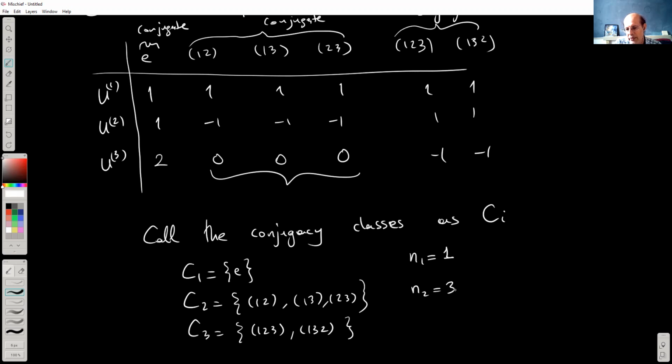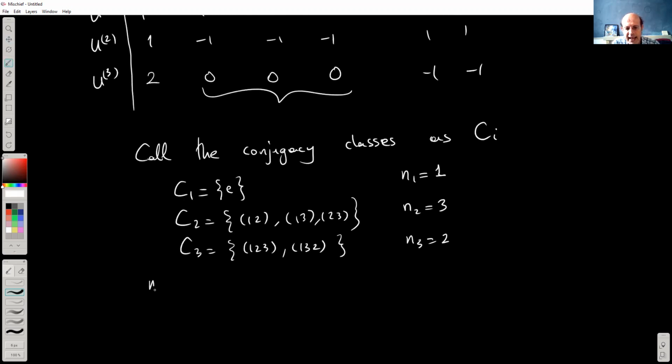So we have 3 transpositions and 3 cycles, right? So let's say it like this. N_i is the number of elements in class C_i.